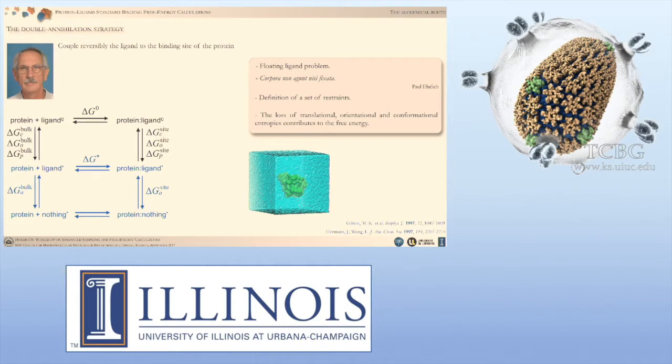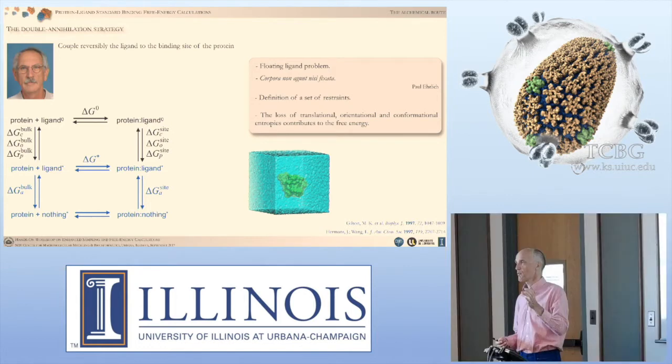And since you're doing this, you're basically removing some of the configurational entropy. And this configurational entropy participates in the binding energy, so you have to calculate the contribution of this restraint. This is what's embodied in this delta G site, this delta G bulk.